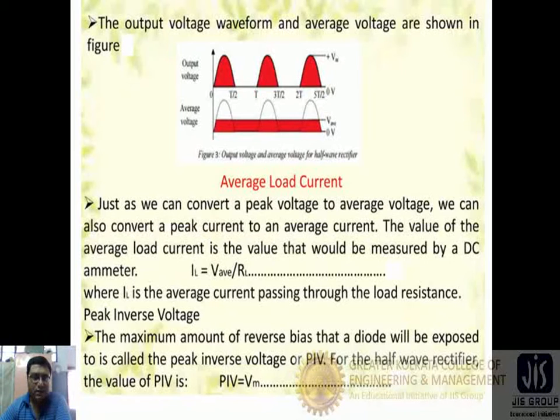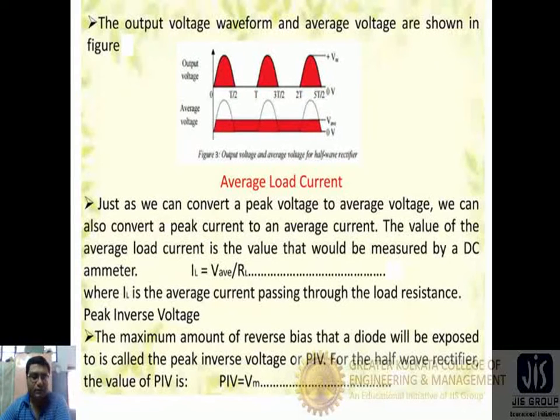Just as we can convert a peak voltage to an average voltage, we can also convert a peak current to an average current. The value of average load current is the value that would be measured by a DC ammeter.